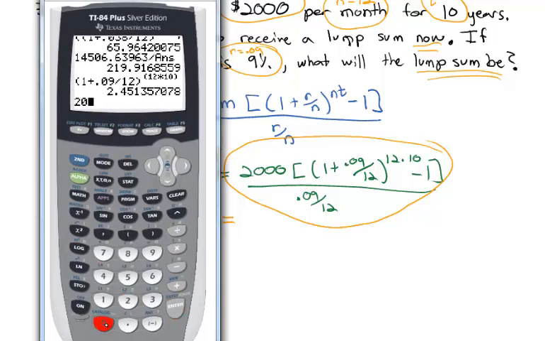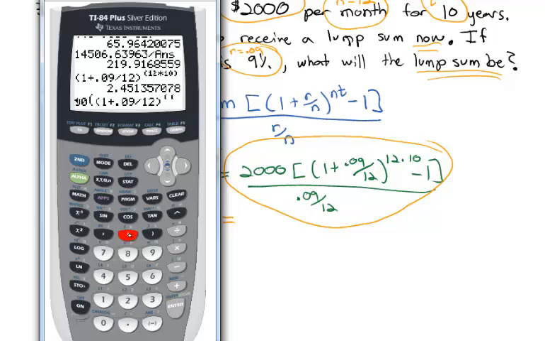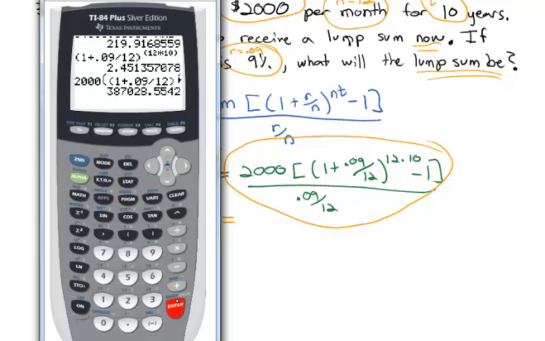So we've got 2,000 times parentheses 1 plus 0.09 divided by 12, close the parentheses, to the power of 12 times 10, minus 1, close the parentheses, divided by, and again the denominator always in parentheses, 0.09 divided by 12, and hit equals.